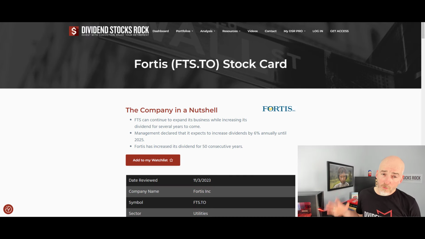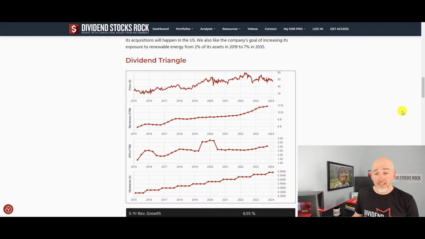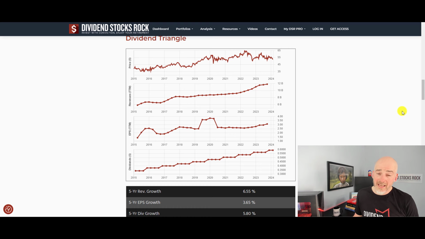All right, so right now we are in DSR looking at the Fortis dividend stock card. The reason why I've picked Fortis is because it is a very stable utility and it's going to be easier to use the DDM to have a dollar value for this stock price. 99% of its assets are regulated utilities, so the cash flow is highly predictable.